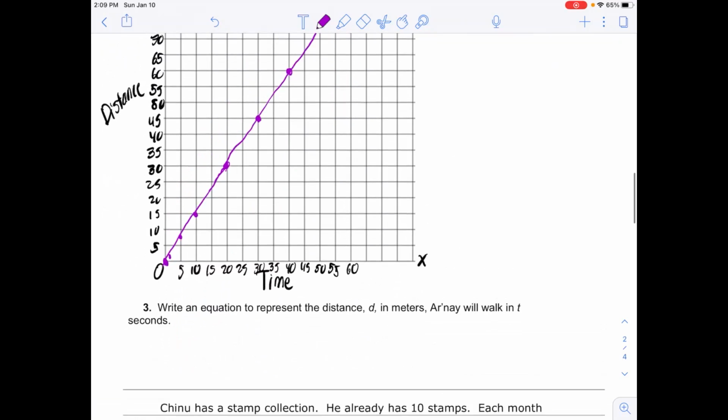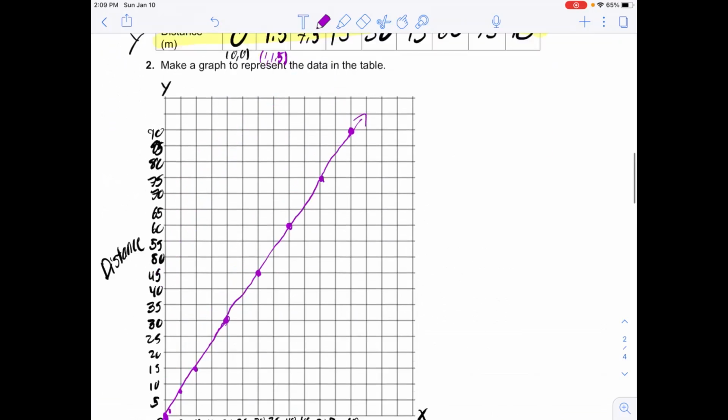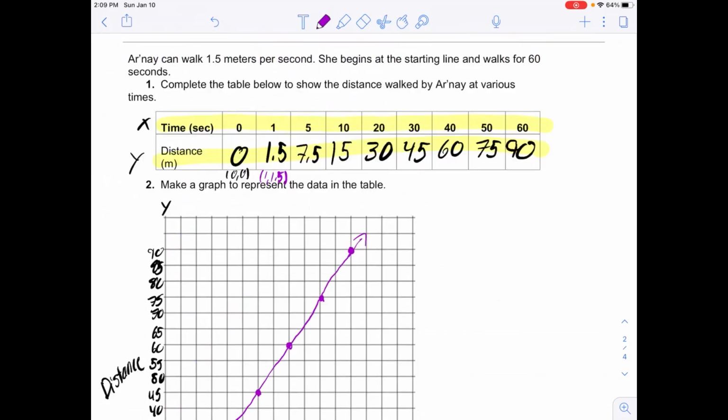So our next question wants us to come up with an equation. So we've made a table, we've made a graph, and we need an equation. So I'm going to look back up here at my table, and I'm going to figure out, what did I do to each of these numbers to get each of those numbers down there? Well, she walks 1.5 meters per second. So each time all I was doing was multiplying by 1.5.